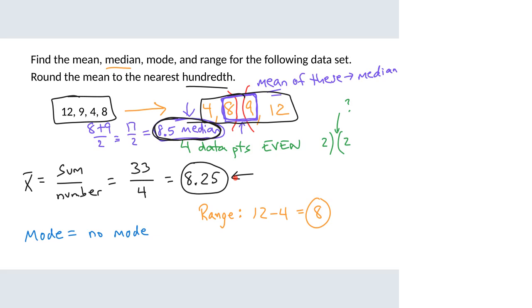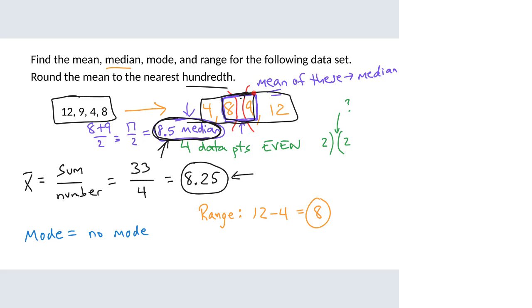Same thing holds true. It's perfectly fine for the median to not be one of the data points. It's okay. It's a number that represents the middle of the data set, and halfway between 8 and 9 is 8.5. That's the median. It's not one of the data points, and that's totally okay.